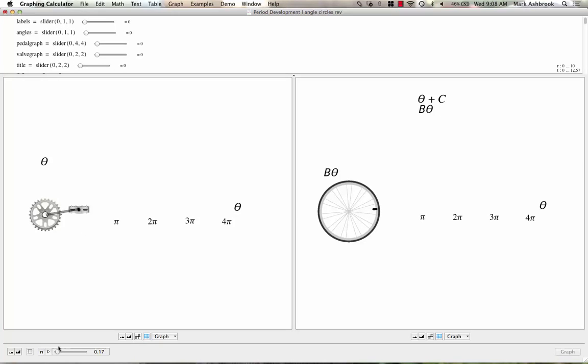Okay, so in that scenario, what do you expect to see if we start rotating the pedal angle and the function is cosine of 1/2 theta?